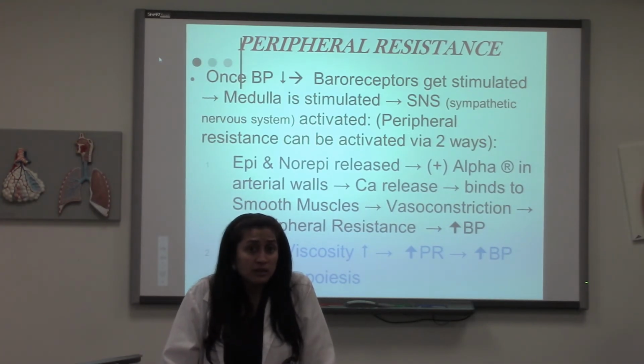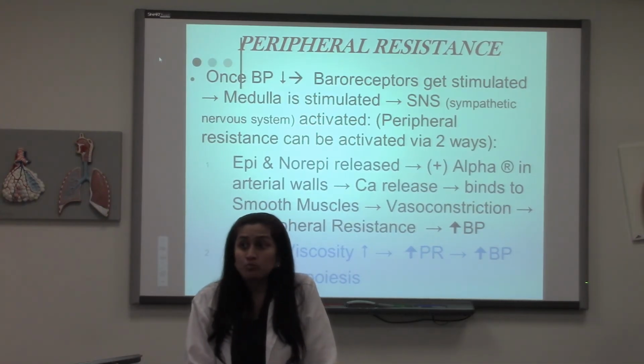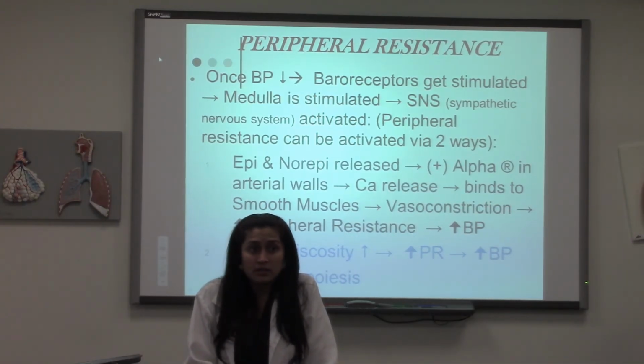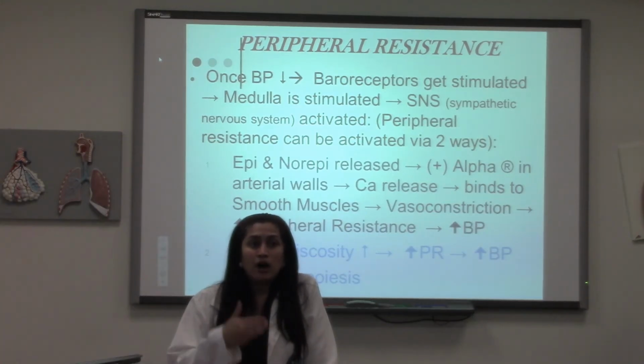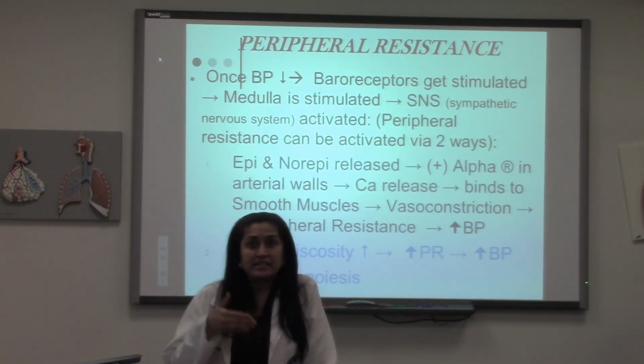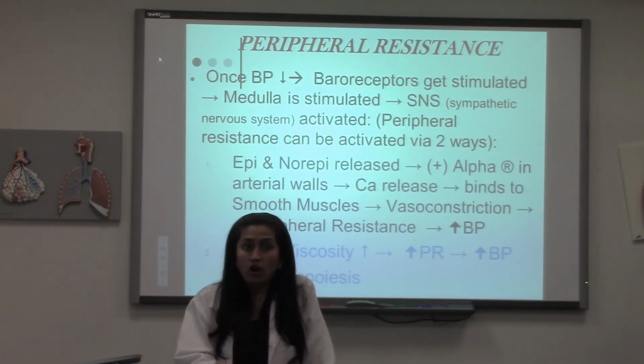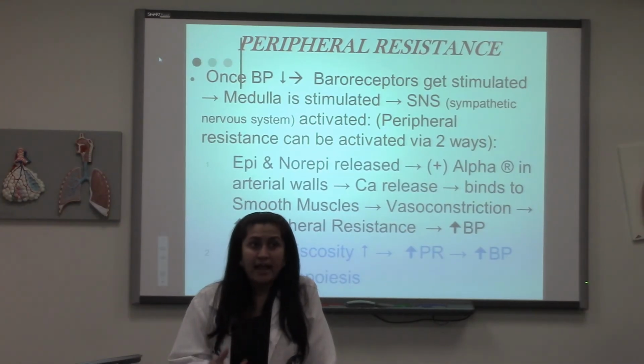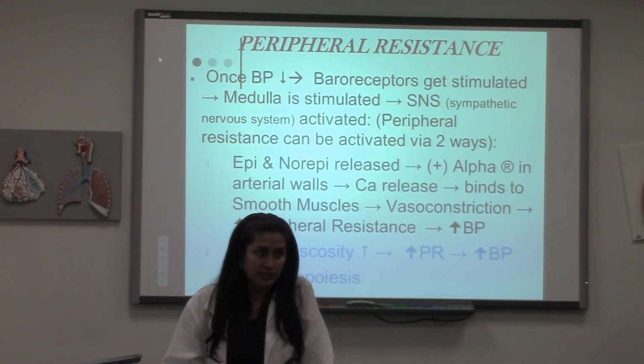Erythropoiesis, right? Wasn't erythropoiesis causing your red bone marrow to produce more red blood cells? So how you increase blood viscosity is to undergo erythropoiesis. Because now you're placing more red blood cells in your arteries, your blood is thicker, and if your blood is thicker, your blood pressure increases.